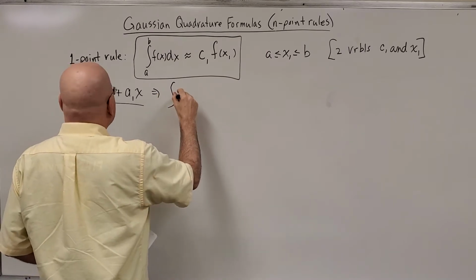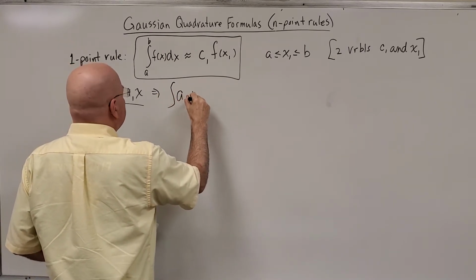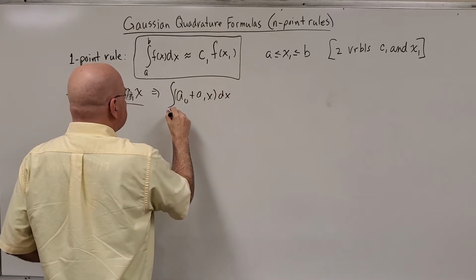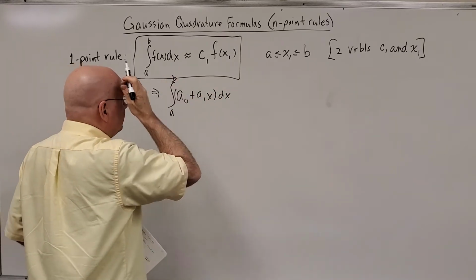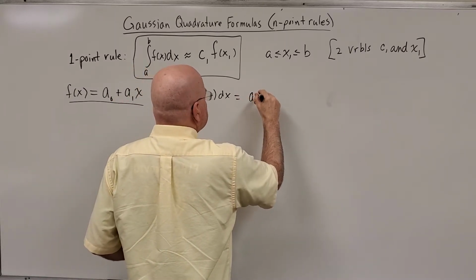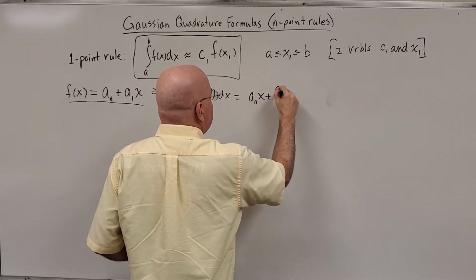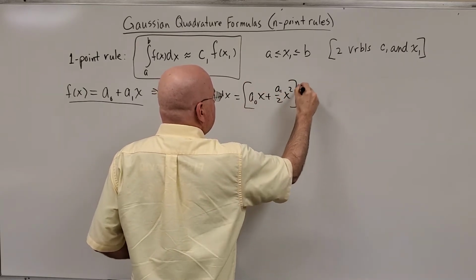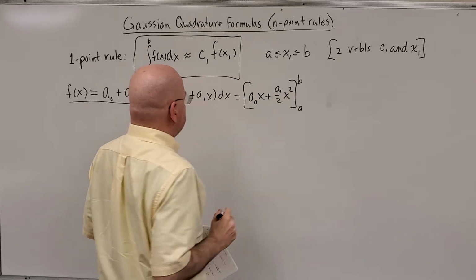We could say the integral of a0 plus a1x dx from a to b is equal to a0x plus a1 over 2 x squared, evaluated from a to b.